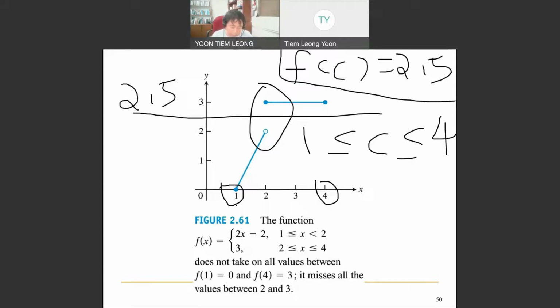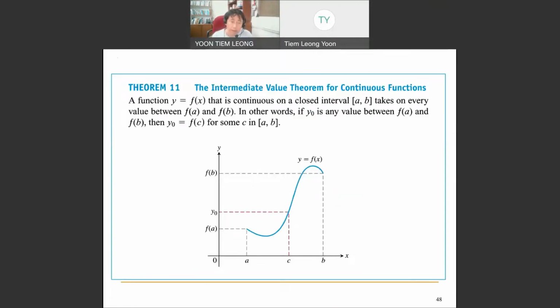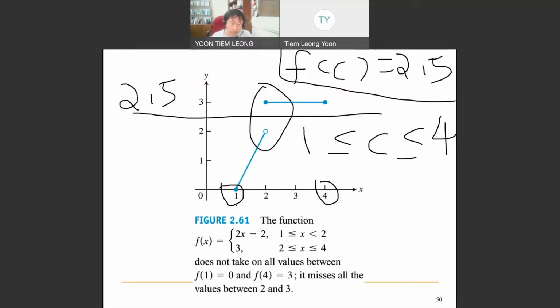Actually, it is not really a wrong conclusion. It is just a result of applying theorem 11 wrongly, because theorem 11 only applies to continuous functions. Okay, so it's a counterexample.